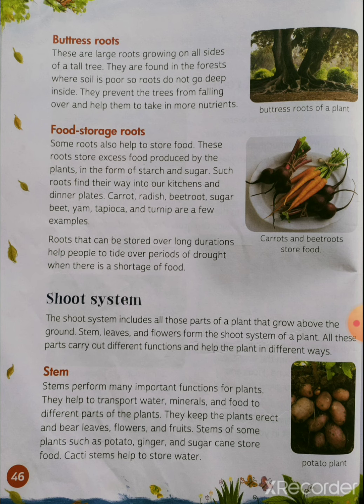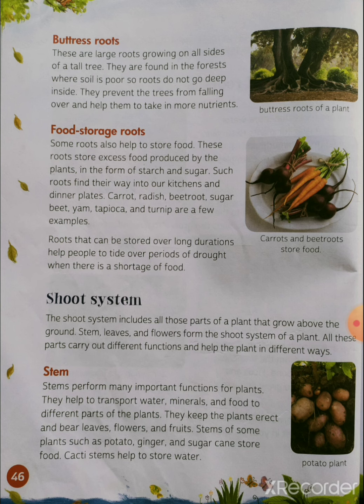These roots are called buttress roots. Number 5 are the food storage roots. Roots that store food in them in the form of sugar and starch are called food storage roots. For example, carrot, radish, beetroot, yam, tapioca, turnip, etc. are all food storage roots.